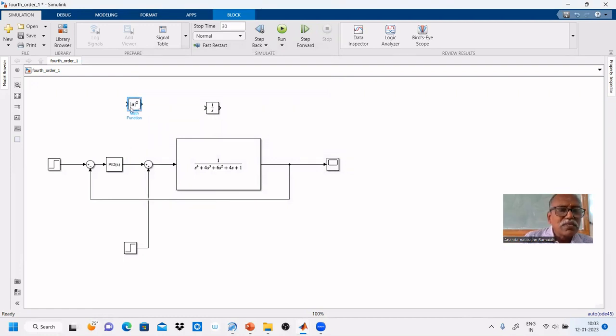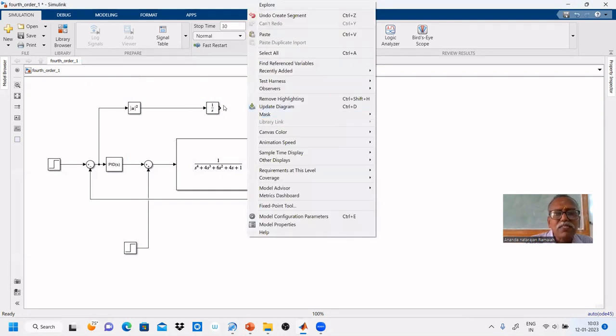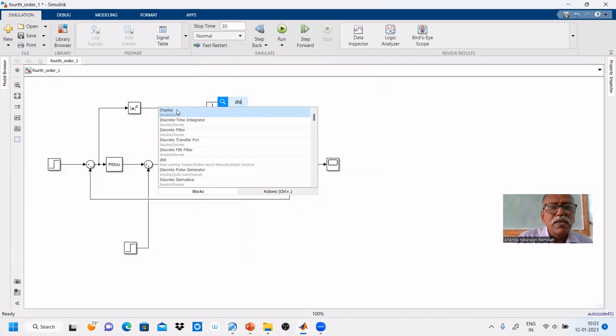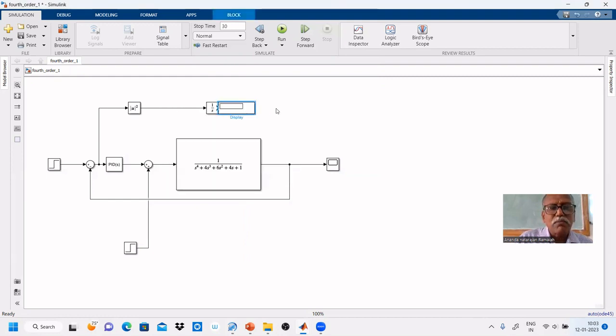I give the error to this, so the error is squared, then integrated. And we have to see the value, so I need a display block. That's all. So this is the ISE, integral square error, I got.